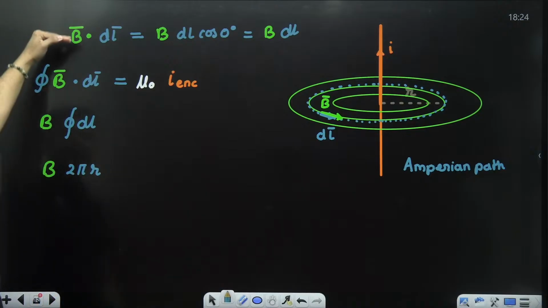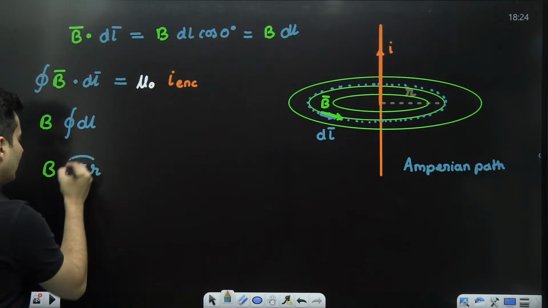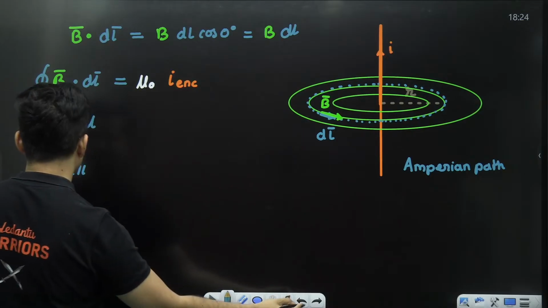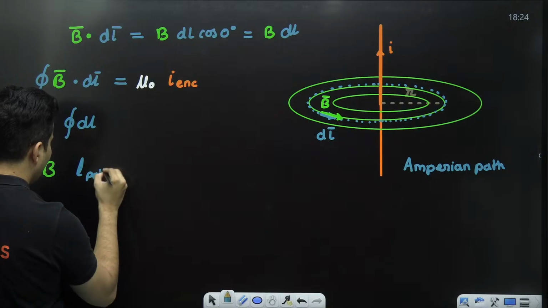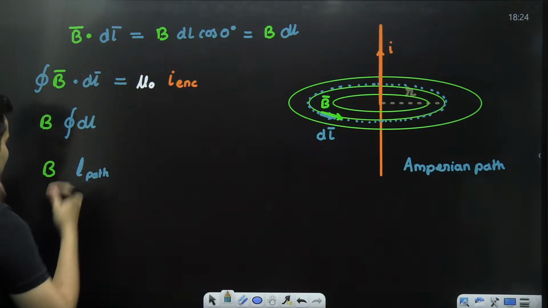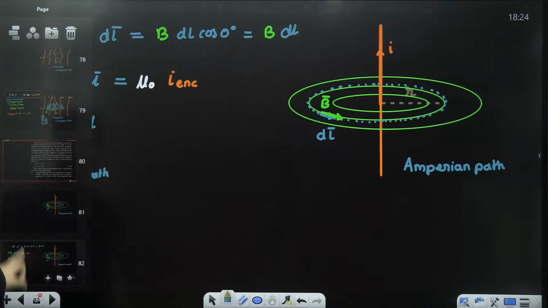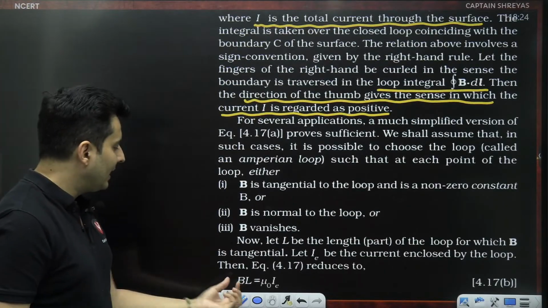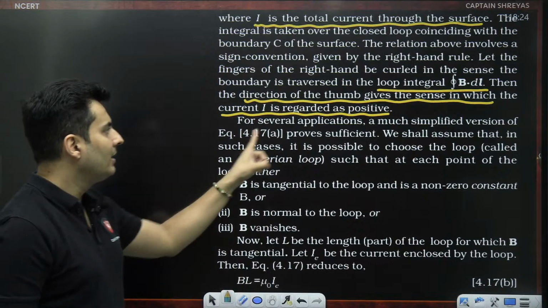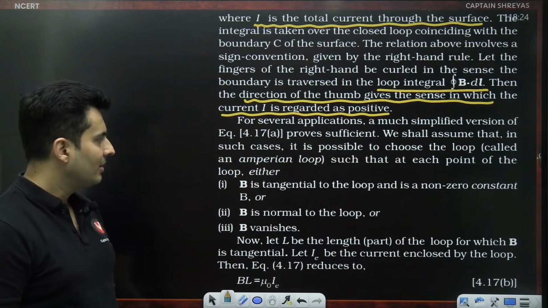So basically the LHS becomes B into the length of the path. That is what the LHS becomes. That's exactly what they have told over here. BL, that is what the left hand side becomes in a simplified version. Are you able to see that?